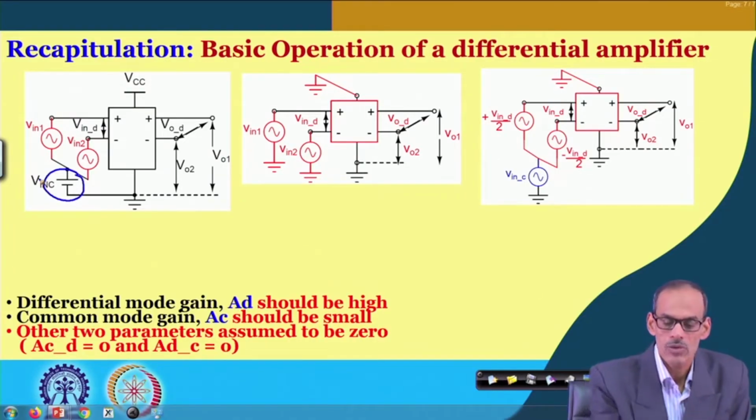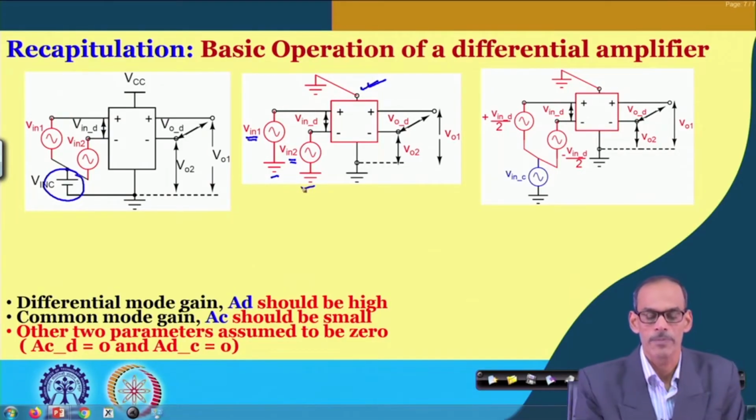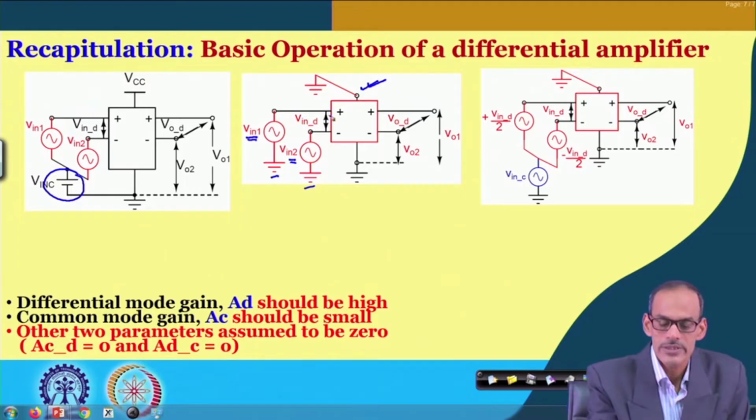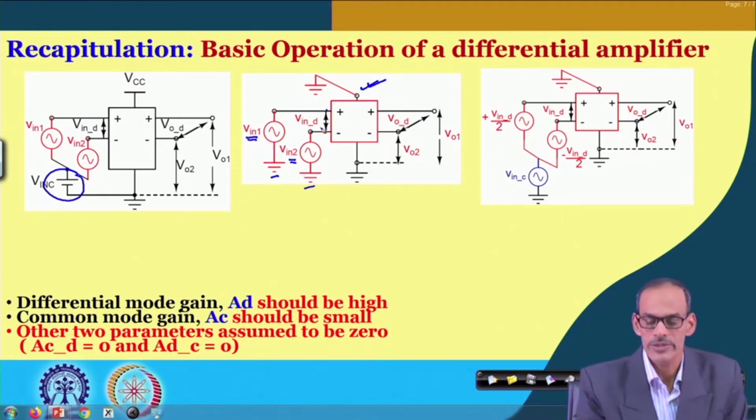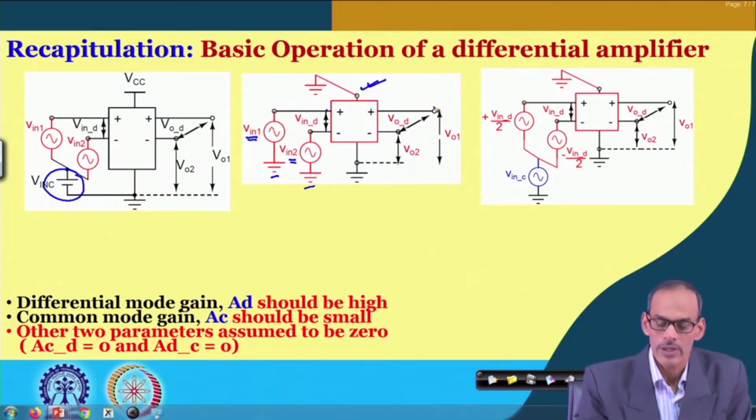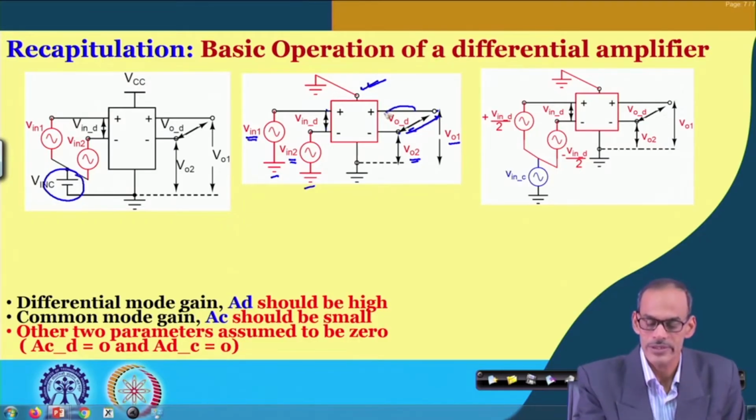So the supply terminal is ground, and whatever input signal we give is with respect to AC ground. This is the differential signal coming to the circuit, and the corresponding output we observe at either output terminal 1 or output terminal 2, or we can compare these two voltages and call that the differential output.